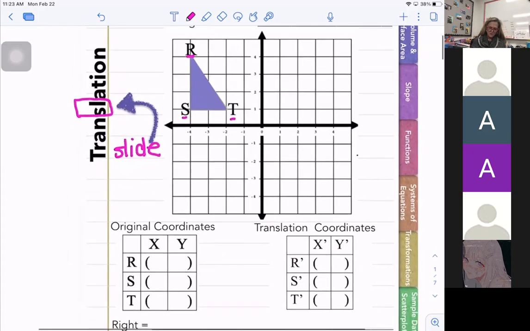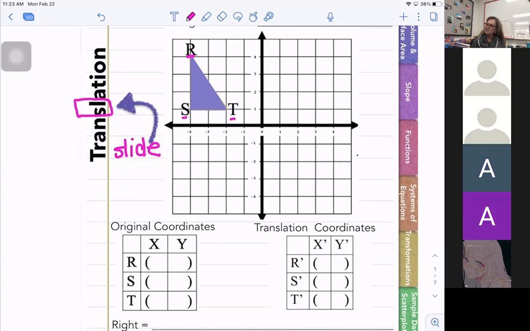Let's do our original coordinates, our original ordered pairs. What is my original R? What is the ordered pair of that? What's the X? -4, right, that's right. -4, 4. Everybody see where I got that? Let's look at S. What is my ordered pair for S? -4, 1.